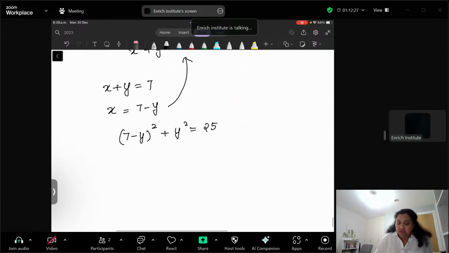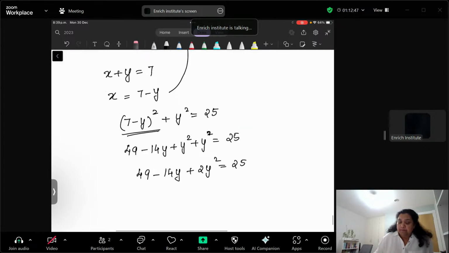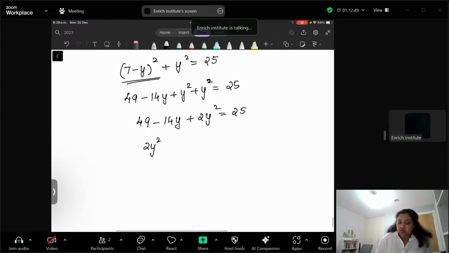Then you can simplify this. 7 minus y the whole square will be 49 minus 14y plus y square is equal to 25. Don't worry about this expansion. When you're doing it alone, you will be able to do it. I'm just doing it a bit faster so that we can cover many topics. And plus y square gives 2y square is equal to 25. Then I simplify it and write it as 2y square minus 14y plus 49 minus 25 is equal to 0.